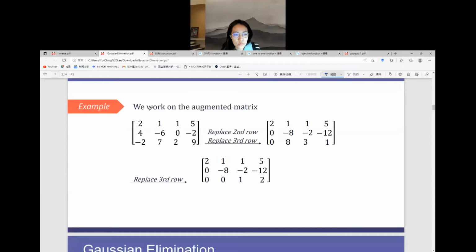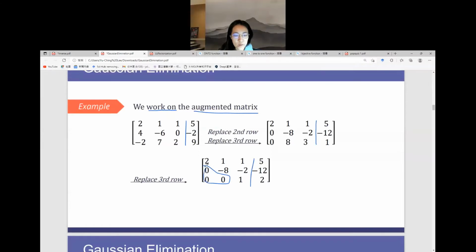And then we will work on the augmented matrix rather than the coefficient matrix. In this 3x4 matrix, the last column represents the right-hand side of the linear equations. Our goal is to eventually reach an echelon form where the bottom left entries are all zeros.